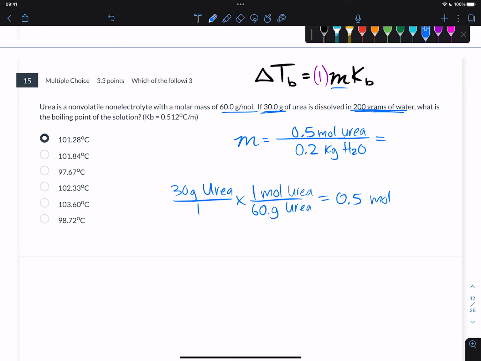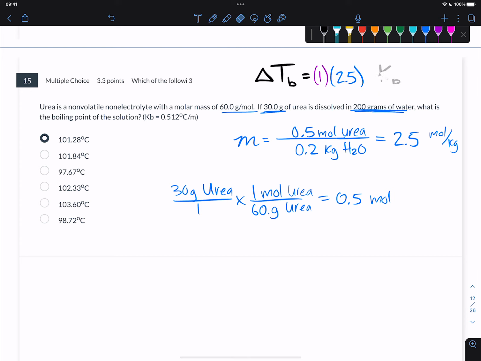That gives us a molality of, I think, 2.5. 0.5 divided by 0.2, yeah, 2.5 moles per kilogram. That is the molality you need to put up in this equation. So if you slide those open and then get rid of this, we have now found a molality of 2.5.